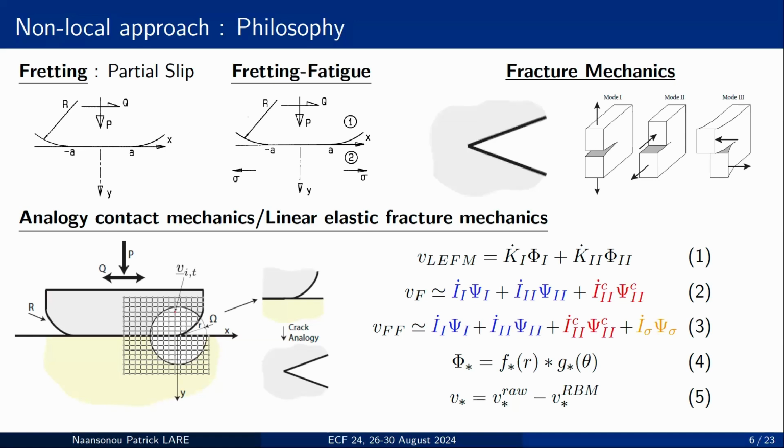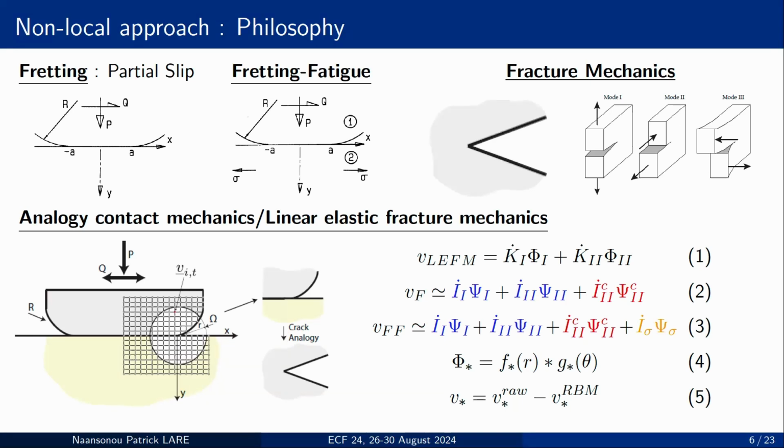And in the non-local approach, we just use the same quantities, but to describe what happens near the contact edge. So, for instance, equation 1 will be rewritten for the contact problem in equation 2. But in equation 2, we add a new term that we call psi2C, that takes into account the partial slip at the contact interface, because at the crack tip, in this formula, we don't have the partial slip.